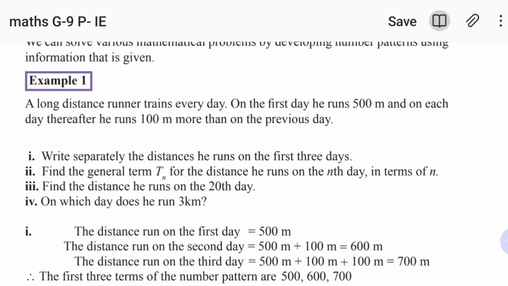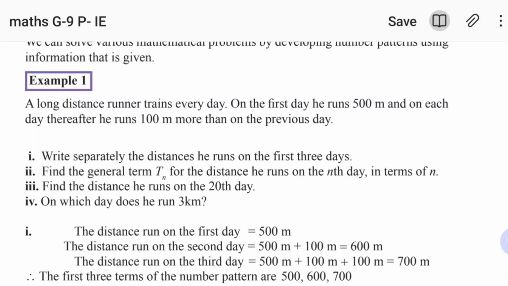These days, kids run and do exercises. For example, if you're doing push-ups, you might do 5 push-ups today, and the next day you think, I'll do 2 more. So the next day you do 7 push-ups, and the next day 9 push-ups. These are real world scenarios, and at the end of the day, when you do the numbers, it is a number pattern.